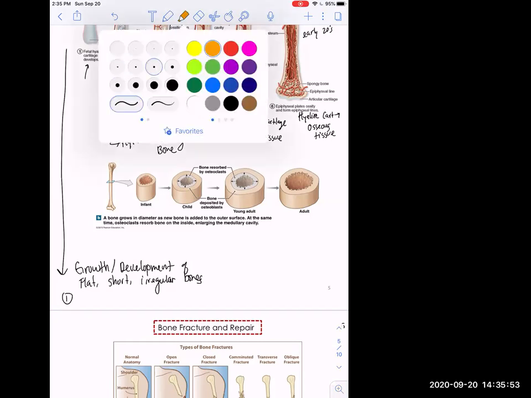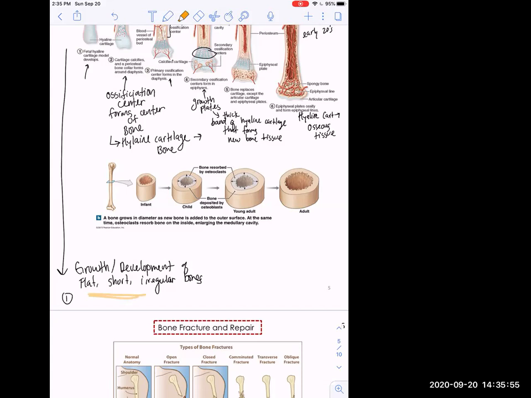You get two layers here and here of connective tissue. It's going to be mesenchyme. And then you start to get an ossification center in here.